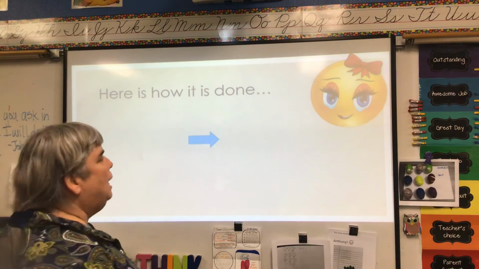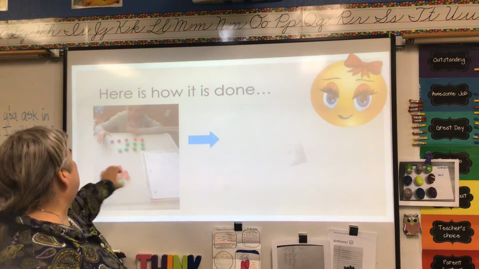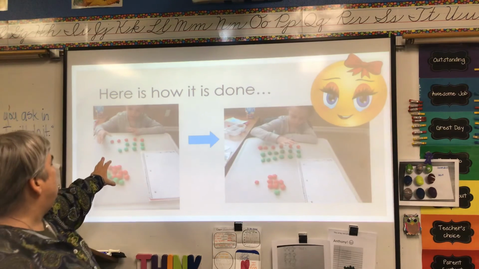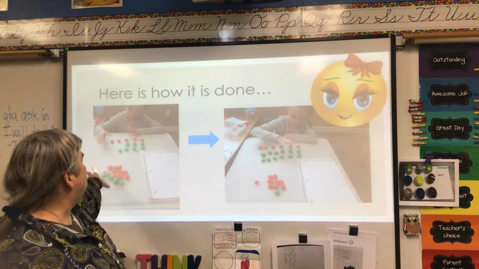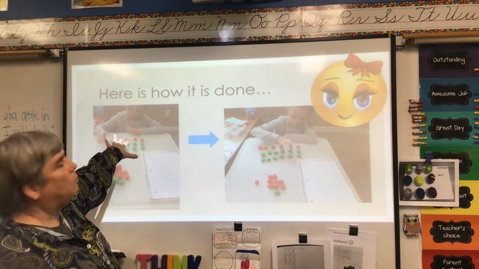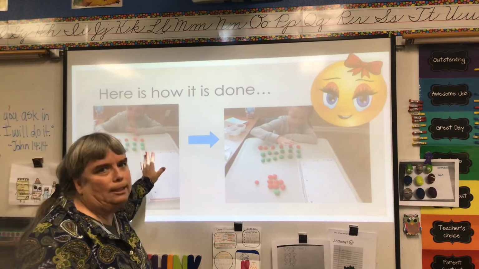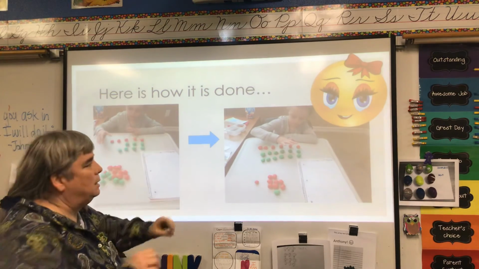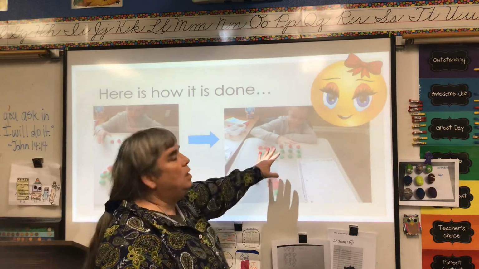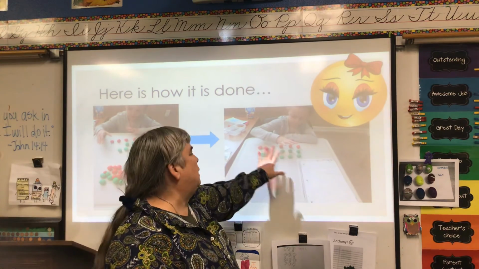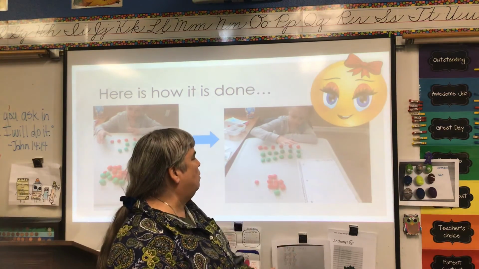And here's how it is done. So I got this one, and it's a couple of pictures. It says, okay, I started out here. This is what I was thinking. And I love when you look at Raylynn's face, she is definitely thinking, right? How am I going to do this? And here, she's checking her work, counting to make sure she got it right.